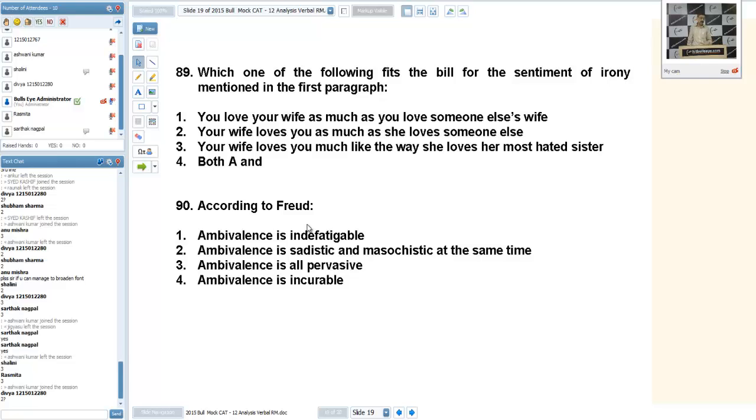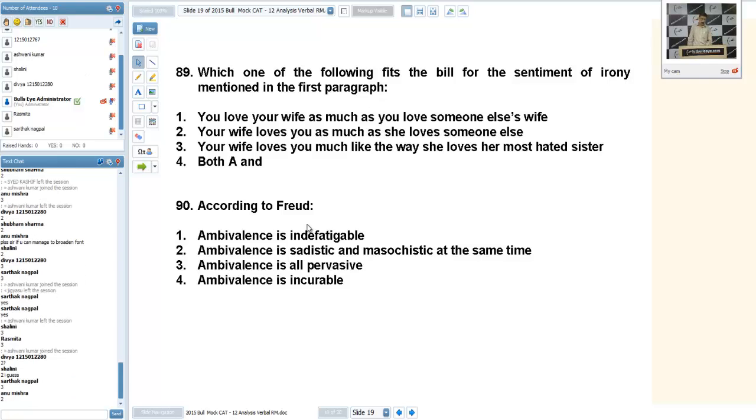Now we are left with the second and third. Yeah, a close choice between second and third. Ambivalence is sadistic and masochistic at the same time. Throughout the passage, if you rush through it, you will find the author has mentioned in the second and third paragraphs that you will find ambivalence everywhere. I could have picked 3, but what's the problem with second?